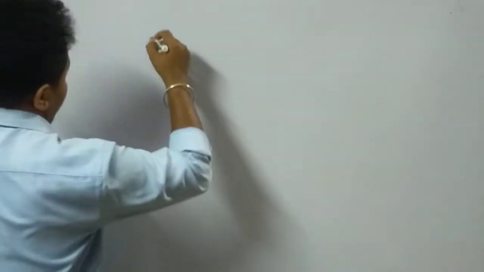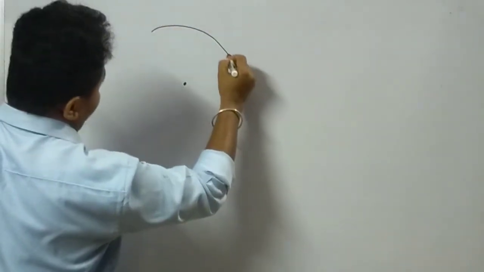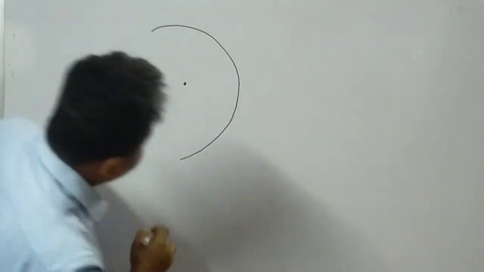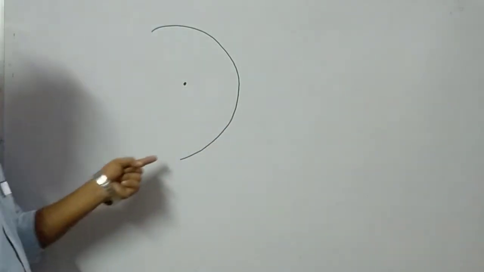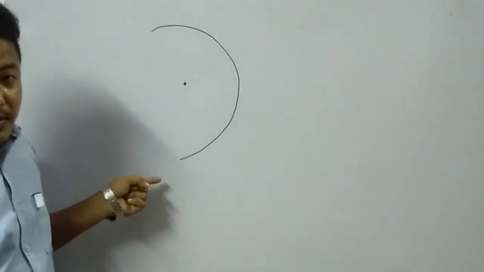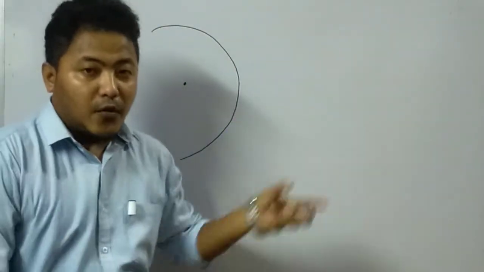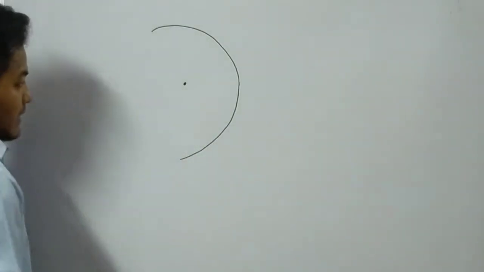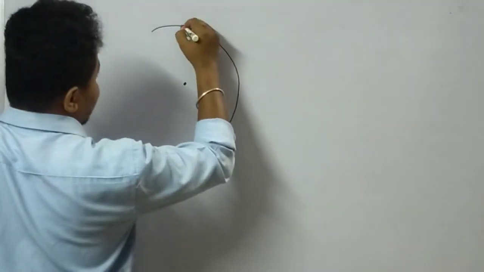So this is the spherical wavefront produced by this point source. Now in this wavefront there will be many particles.